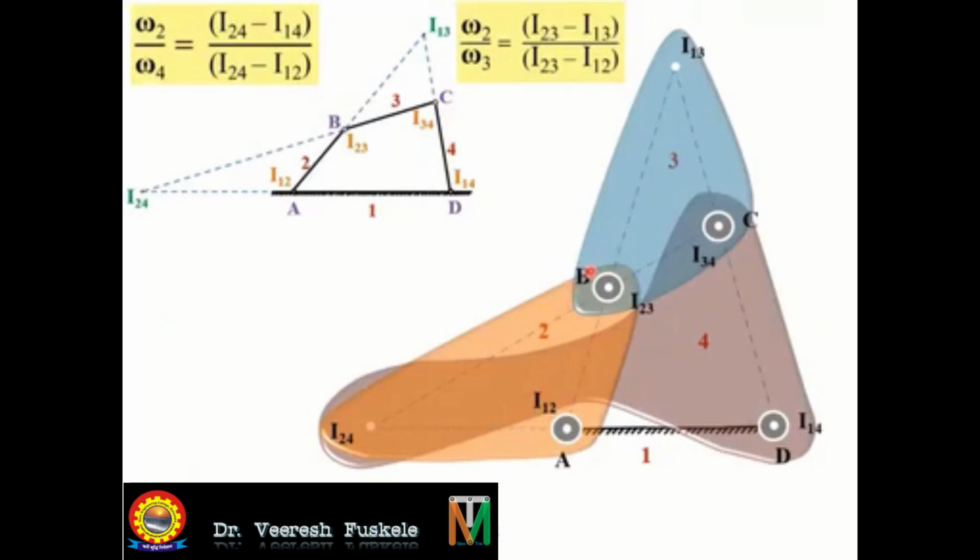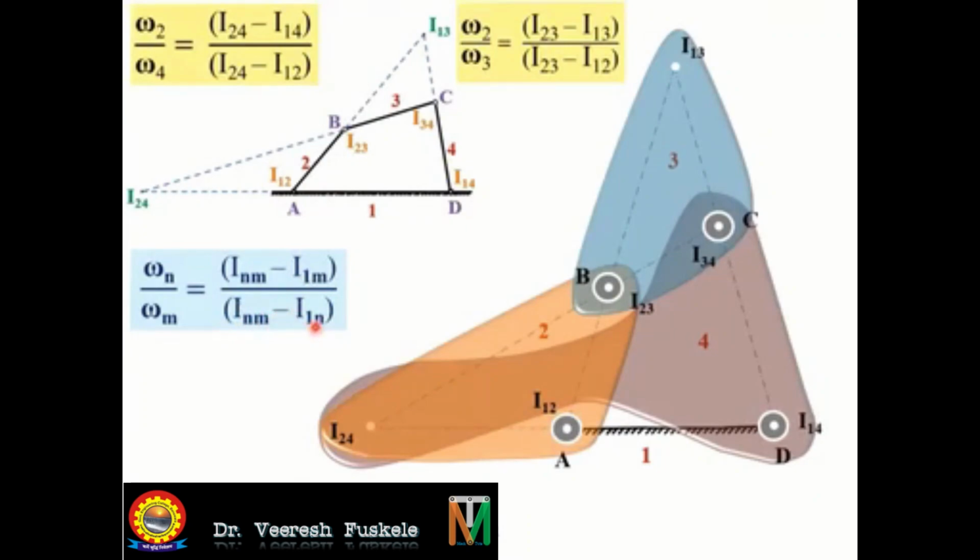Suppose we have n number of links, there are more links. Then how to write this equation for any link? For that we have this general formula: omega n upon omega m is equal to I n m minus I1m divided by I n m minus I1n.